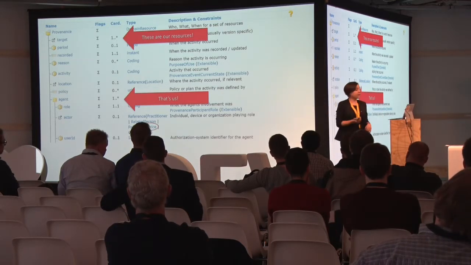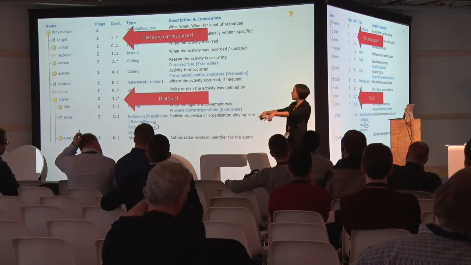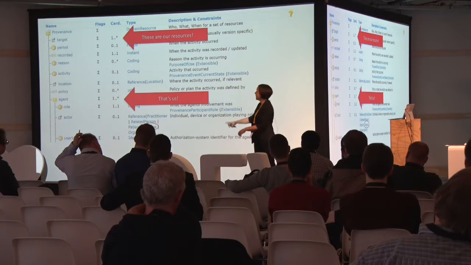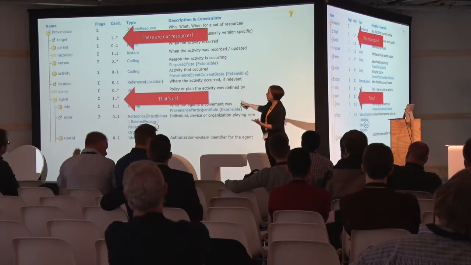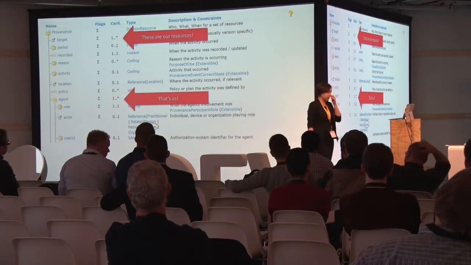Okay, so let's assume that we have these provenance resources pointing at all of our allergy intolerances through its target property, and having our unique name identifier or whatever in the agent element.